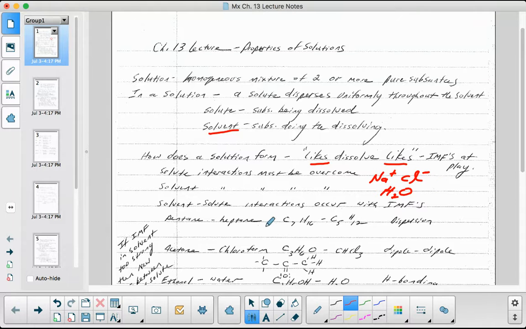If we look at something like pentane and heptane, those are just alkanes, and they're very nonpolar and only have dispersion forces. Both have dispersion forces, so they will readily dissolve in each other.